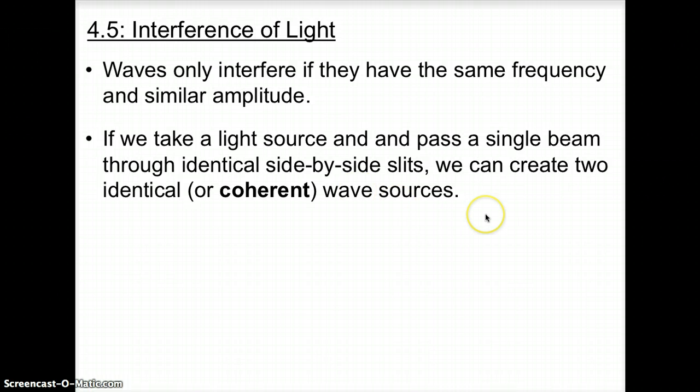So imagine we take a light source and pass a single beam through two identical side-by-side slits. That creates two identical wave sources which spread out like circular waves. Whenever two waves are identical, we call them coherent. That's the technical term.